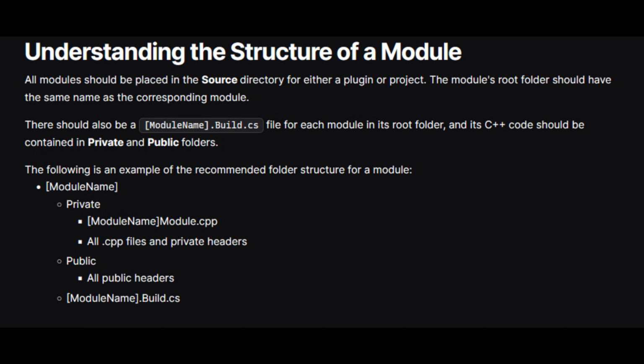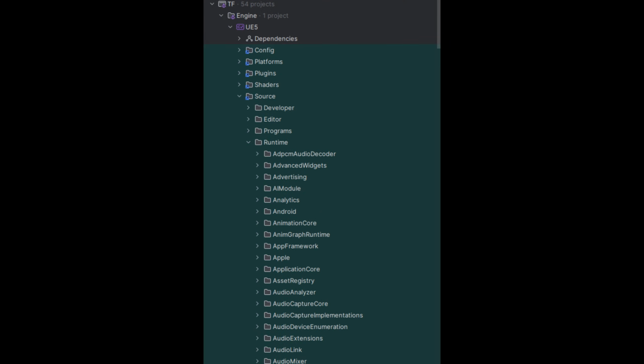Now, if you want an example of modules, it's not that hard. Open up your project in your IDE and look at engine, UE5, source, and then any of those: developer, editor, not really programs, but runtime. Open up project, engine, UE5, source, developer.